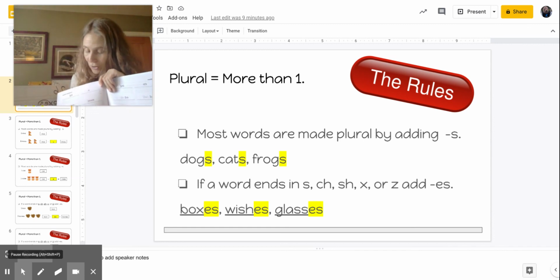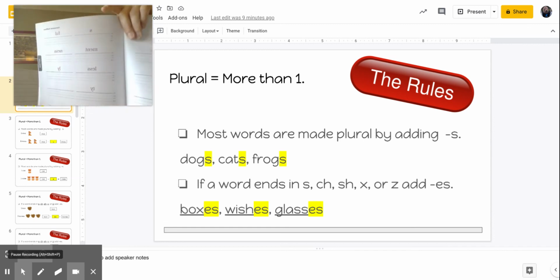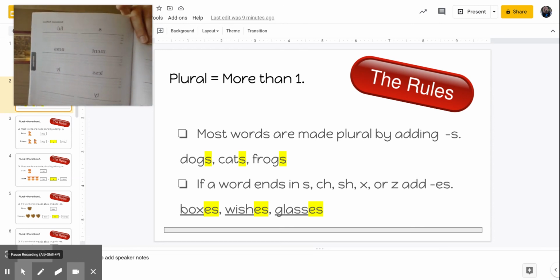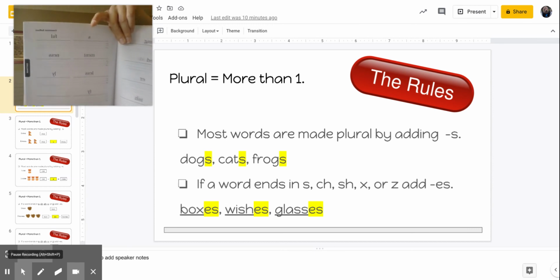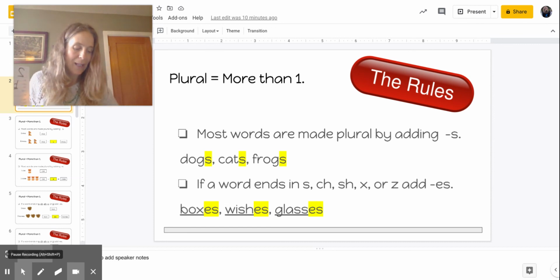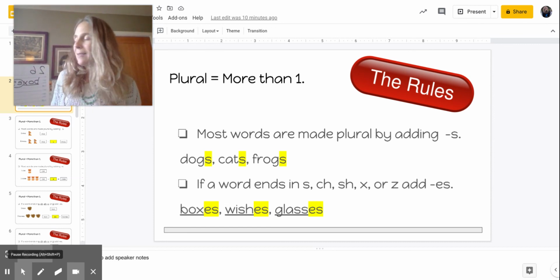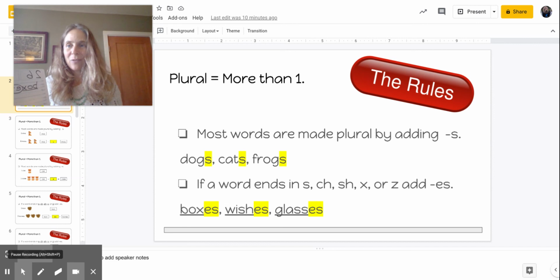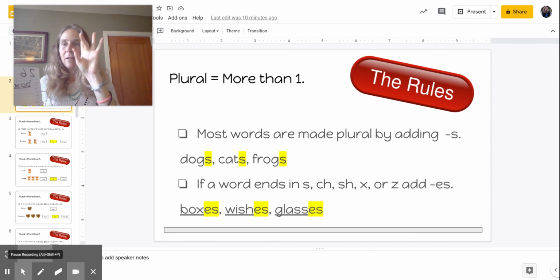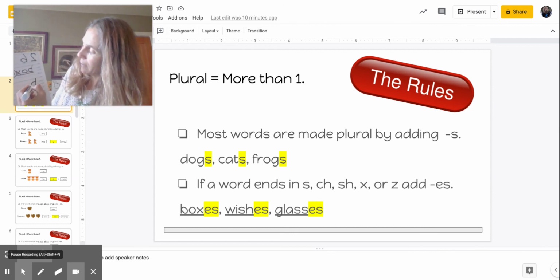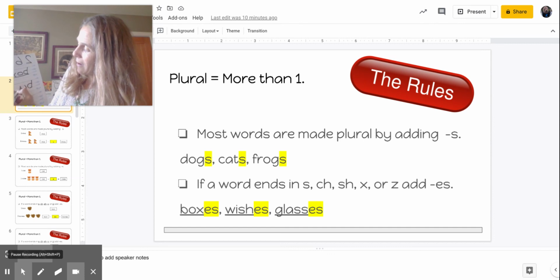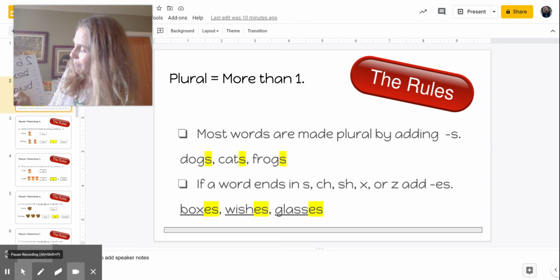Now, once you're done with that, we're going to go to the next page, which is page 27, and see the suffix S here. We're going to write a new word here. And the word we're going to write is the word bugs. Let's tap out the base word bug. B-u-g, bug. Let's write bug. B-u-g, bug.